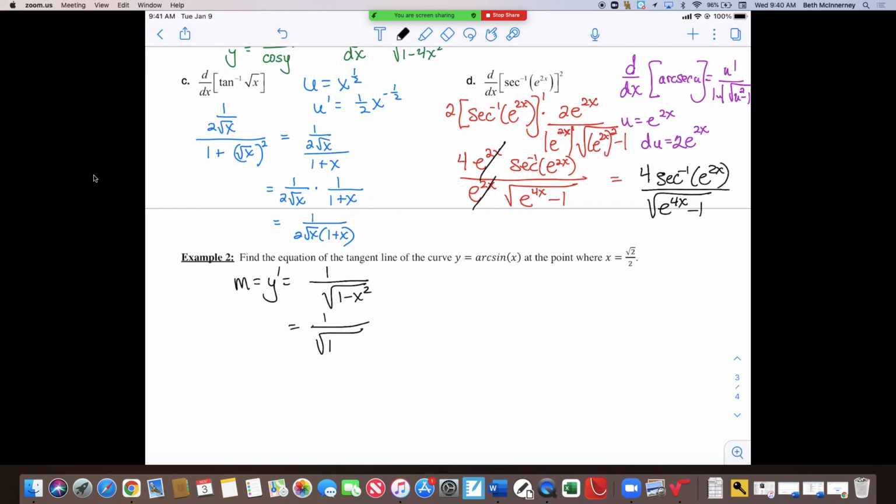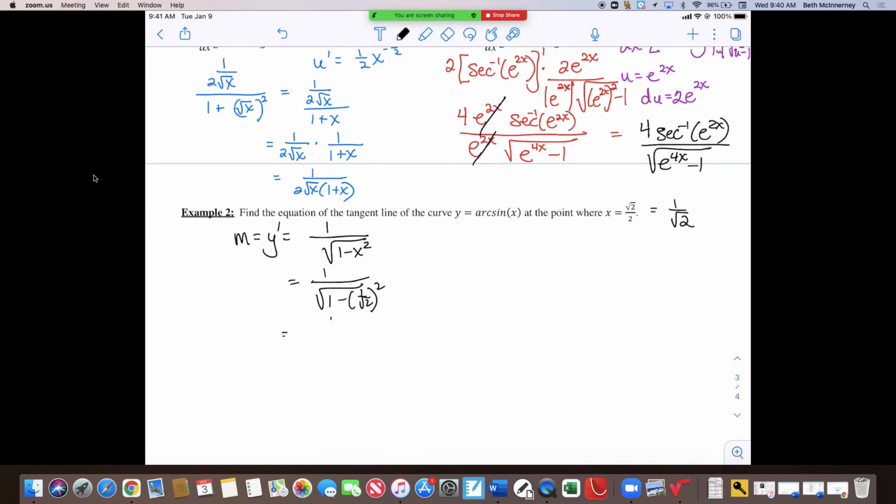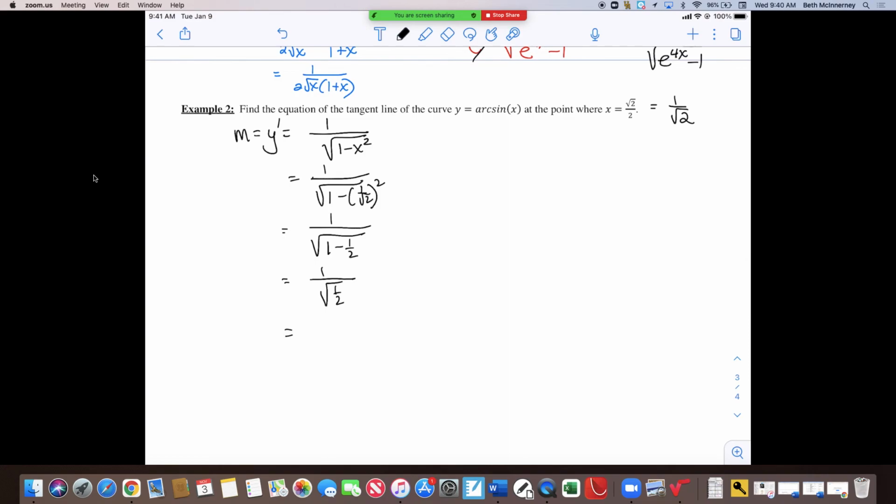Now, do you recognize that square root 2 over 2 is equivalent to 1 over square root 2? Because that would be easier to square than square root 2 over 2. So, did you get a slope of square root 2?